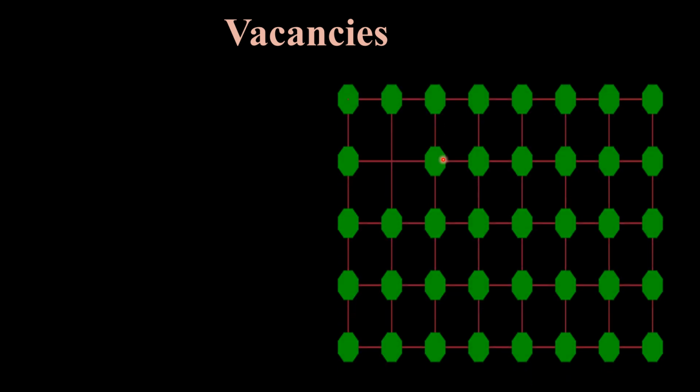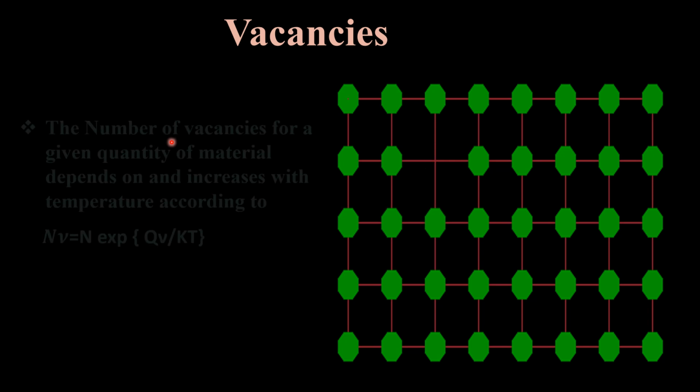So these are the vacant lattice sites from which an atom is missing. Here in this figure you can see the vacancies. So once these sites are occupied, when atoms leave these sites, they become vacancies.